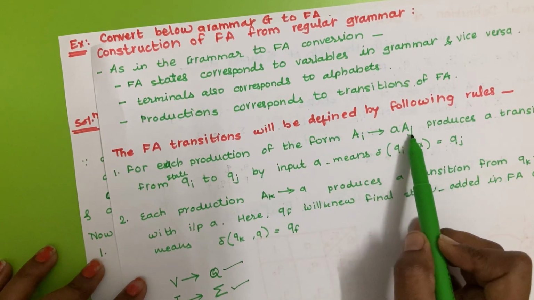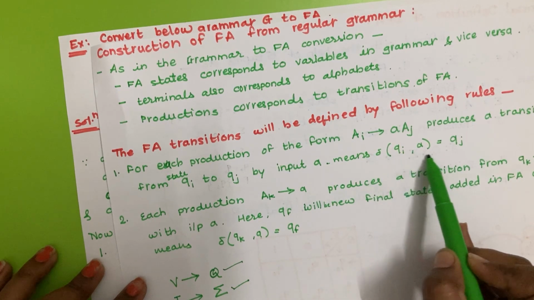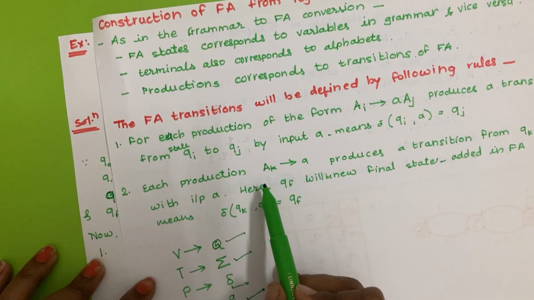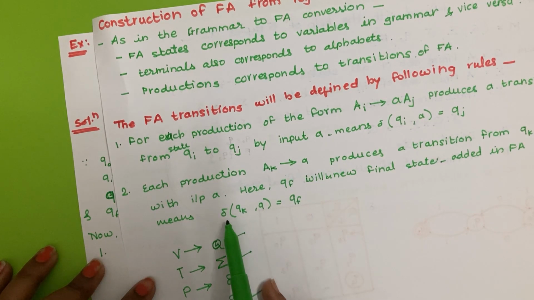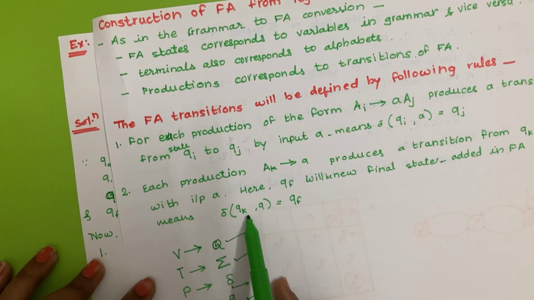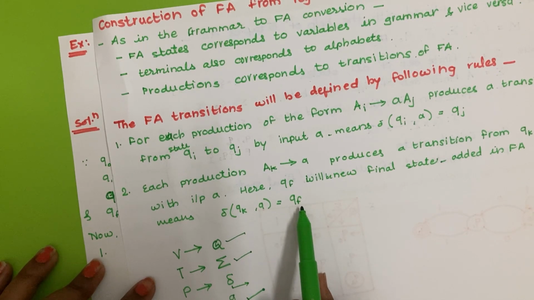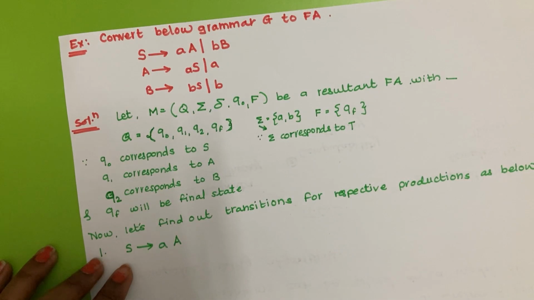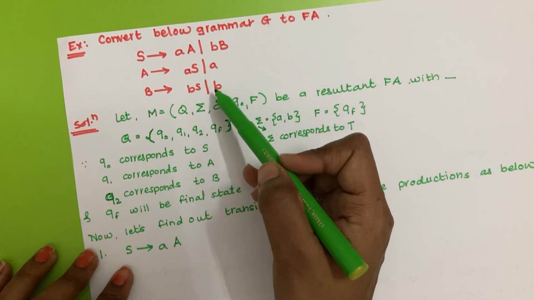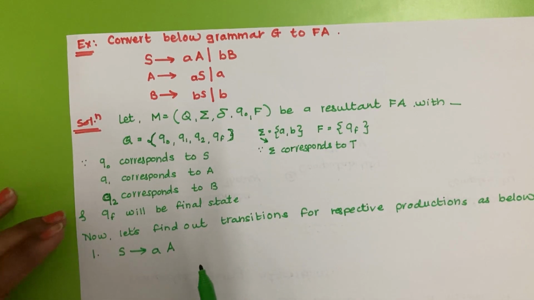So instead of this production we can write this transition. And if we have productions of the form Ak → a, that will be converted into δ(qk, a) = qf, and here qf will act as a final state. We will follow these 2 rules to convert the given productions into transitions.